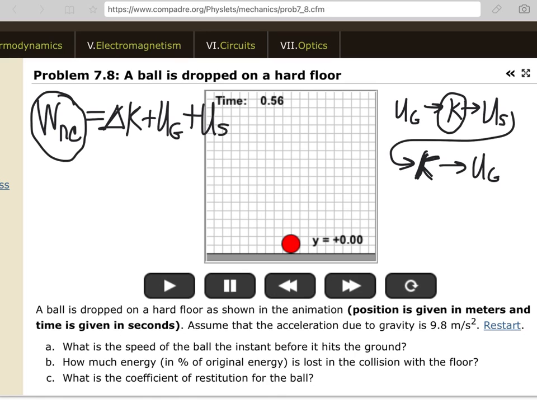And so if you calculate the original energy when we started at the top, that's the starting energy, and then when it gets back here, all of the energy is potential energy. And so that amount of energy difference is the loss of energy. And if you divide that into the starting energy and multiply by 100%, you'll get a percent.